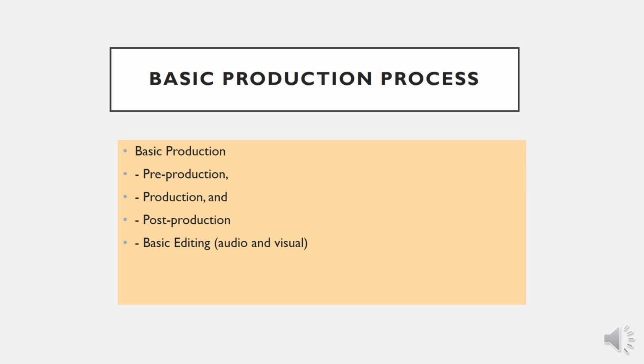Some authors will tell you that you have more than 3 production processes, some 4, some 5, and the likes. But for this course, we're going to be looking at just 4 basic production processes.